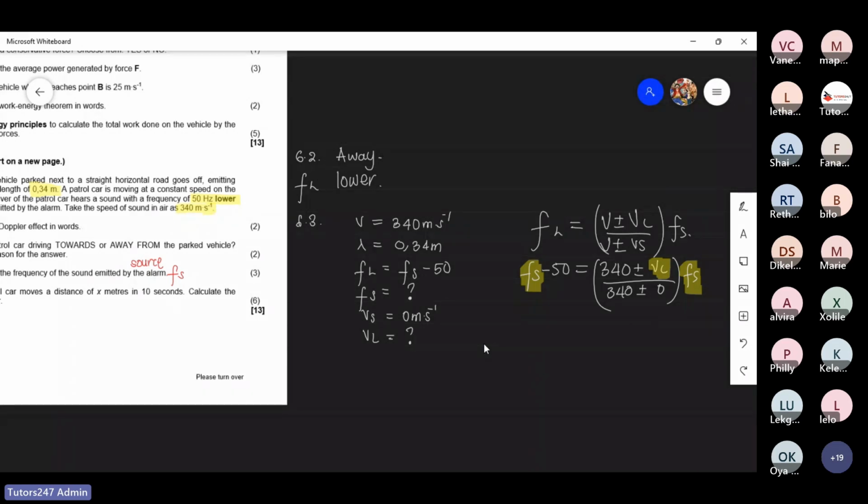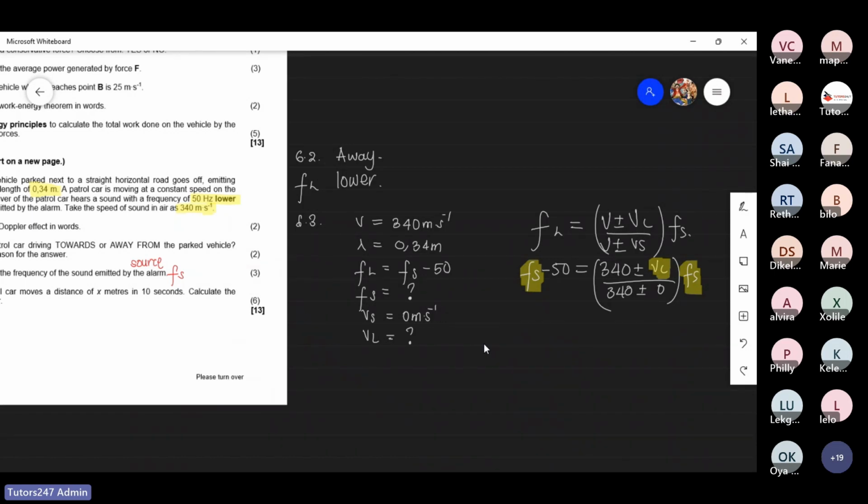If you remember the previous question, we had sufficient information: the away and the towards frequencies and a whole bunch of other information. But in this particular question, we do not. So we are stuck.